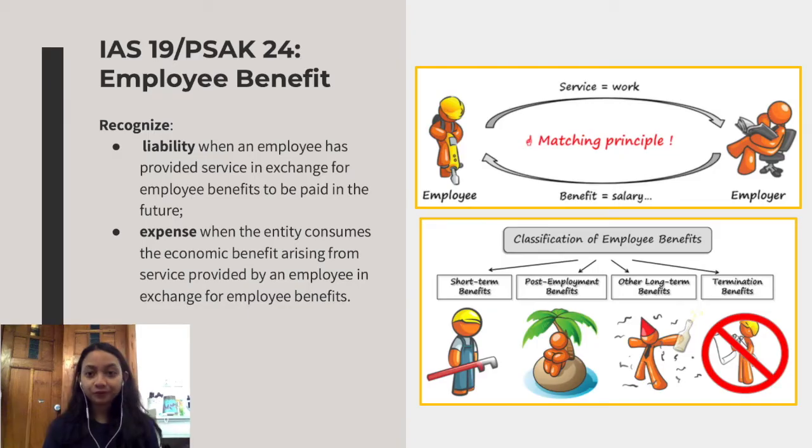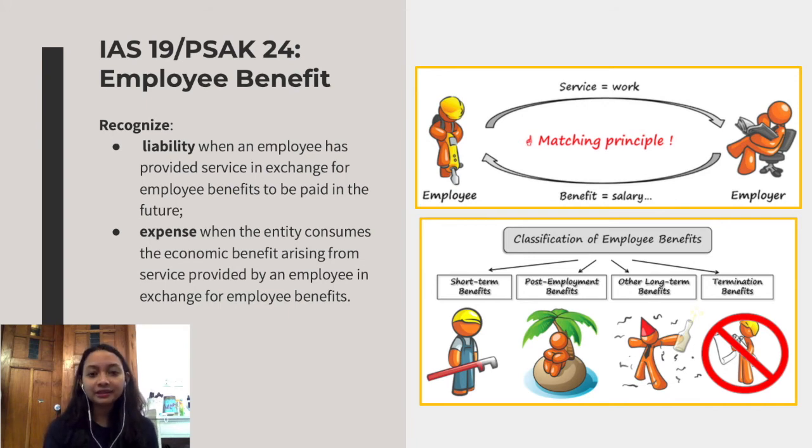As mentioned before, one of the areas of expense where opportunistic behavior often happens is employee benefit. Employee benefit is regulated in IAS 19 and also PSAK 24, and it requires the company to recognize a liability when an employee has provided service in exchange for employee benefits to be paid in the future, and also to recognize expense when the entity has consumed the economic benefit from the service rendered by the employee in exchange for employee benefit.